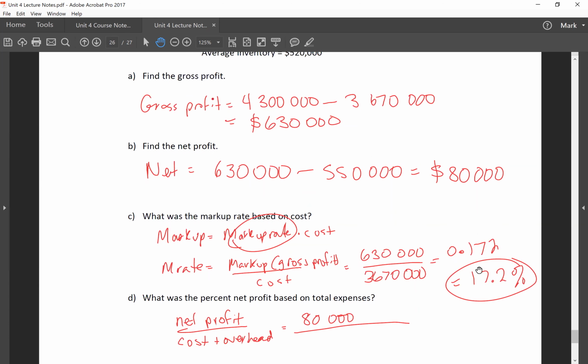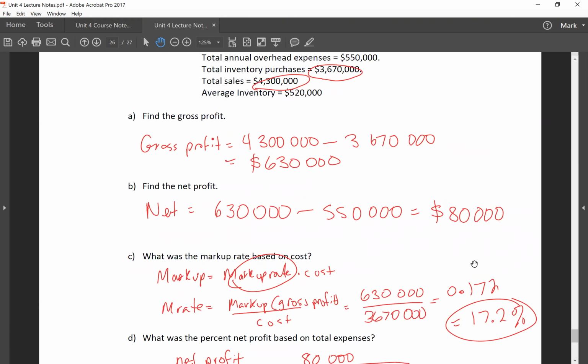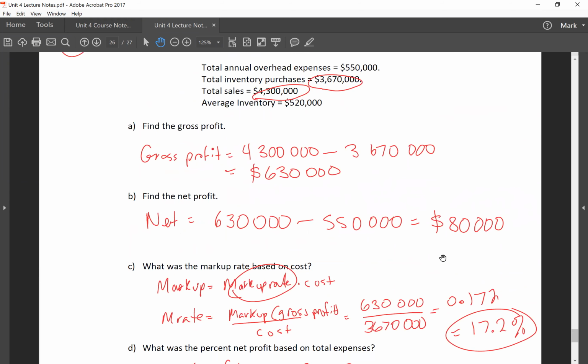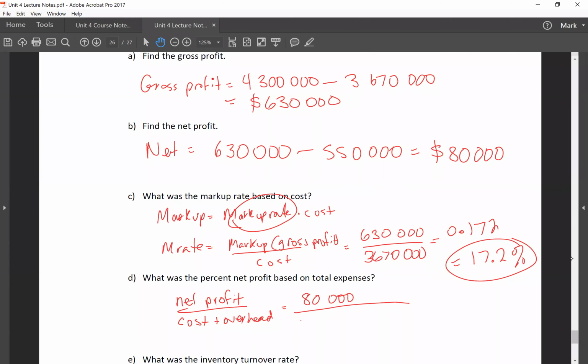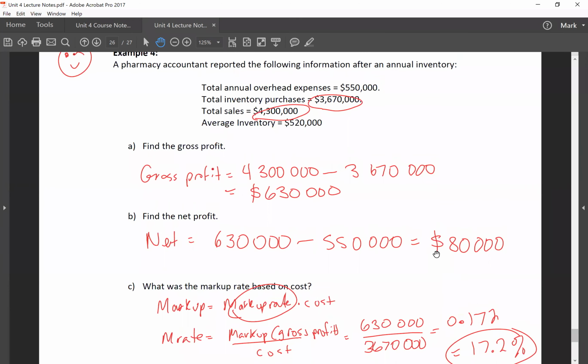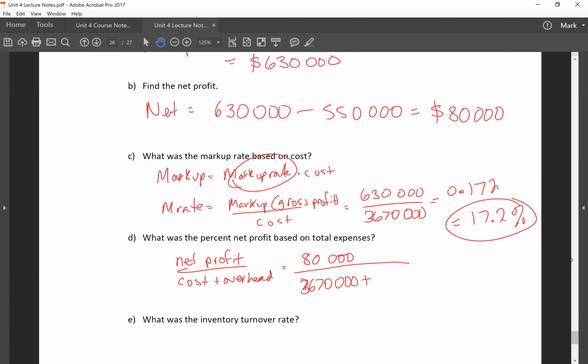My total expenses is going to be my cost, so 3,670,000. That's my cost. And my overhead was, I think, 550,000.